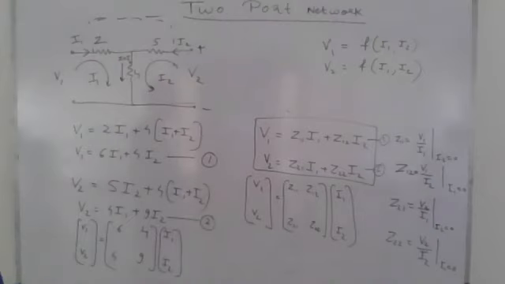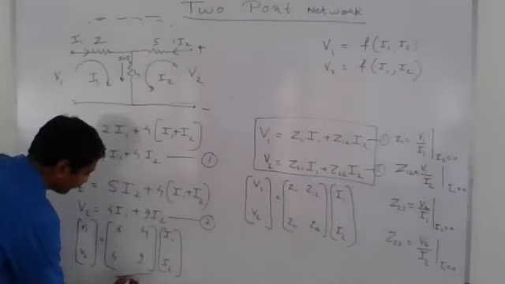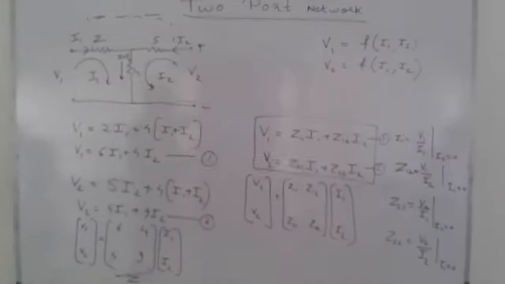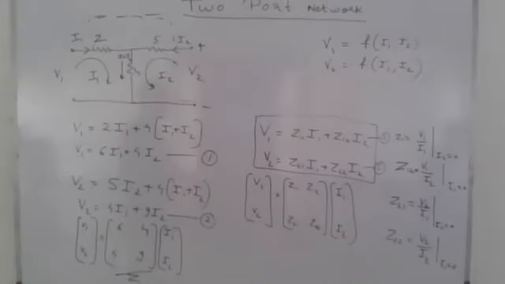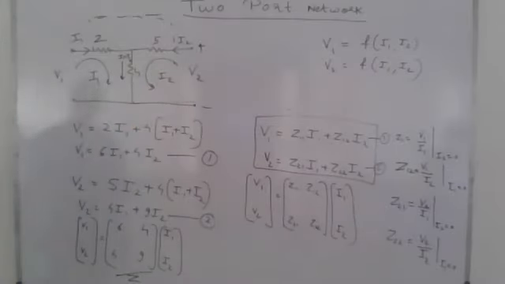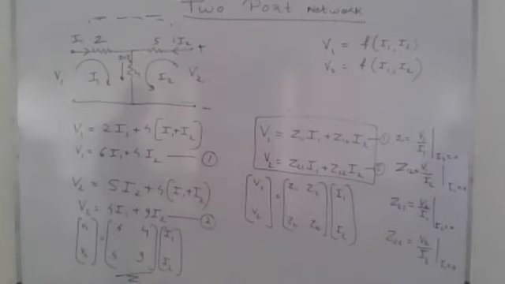That's all. This is the Z parameters: 6, 4, 4, 9 is the Z parameters of this network.